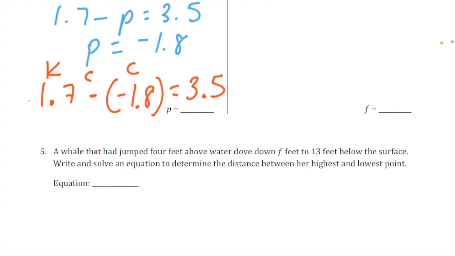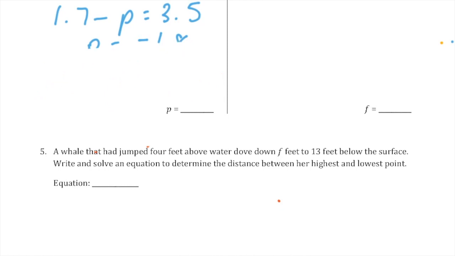Use KCC to write this as an addition sentence, and now I have 1 7/10 plus positive 1 8/10 is equal to 3 5/10, and that's correct. I can do the math on the side, but I know that 1 7/10 plus 1 8/10 is actually 3 5/10. So I'm going to erase this again. And I get p is equal to negative 1 8/10.